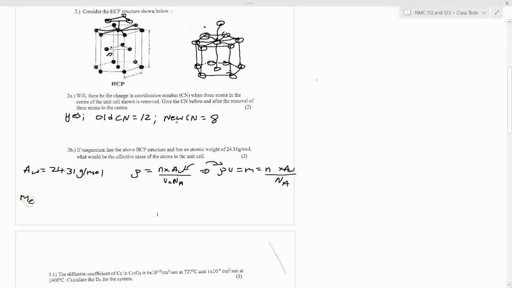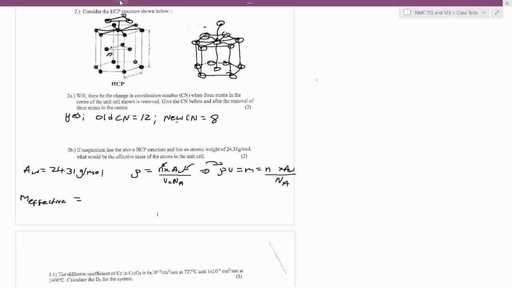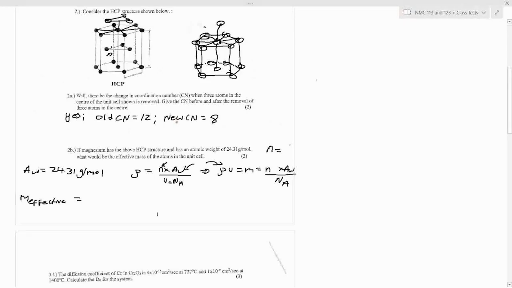So the effective mass is equal to the total number of atoms. We have to count the total number of atoms. Let's quickly write as a side note the effective number of atoms in HCP.